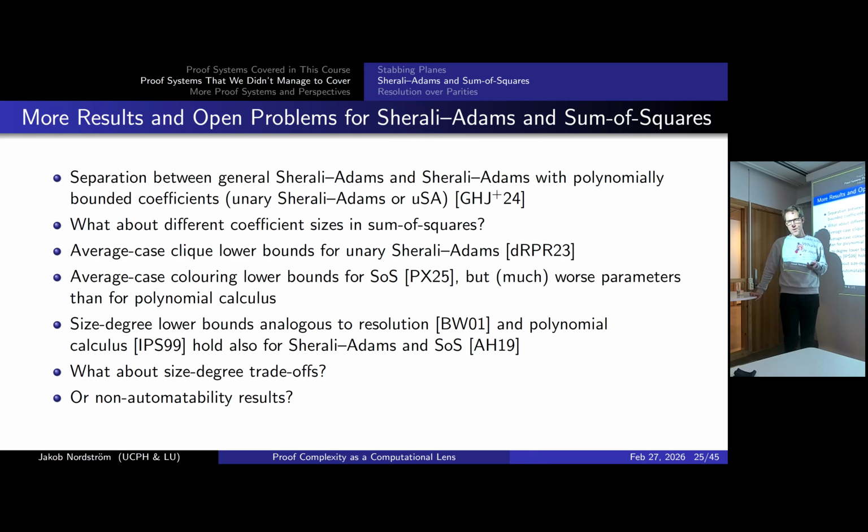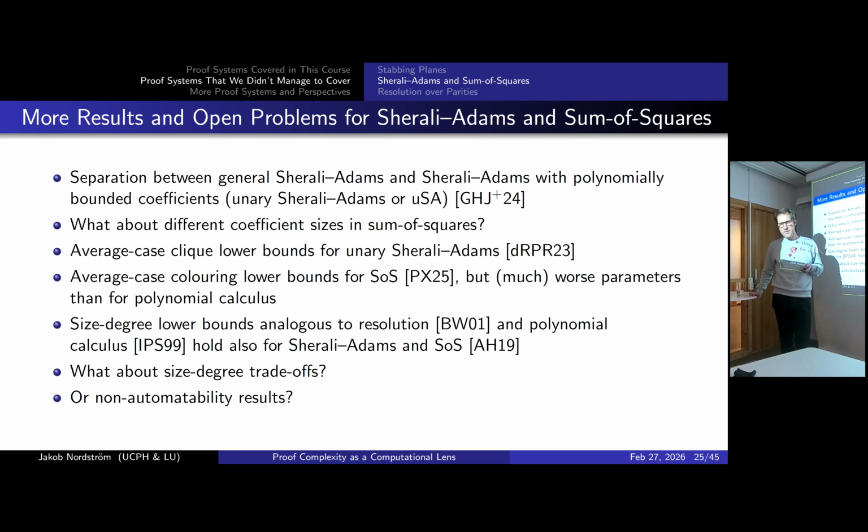So there is a separation between unary Sherali-Adams and Sherali-Adams. In fact, I think between unary Sherali-Adams and resolution even. For sum of squares, I don't think we know this. There are clique lower bounds for unary Sherali-Adams by Susanna de Rezende and Kilian Risse together with Aaron Potechin.